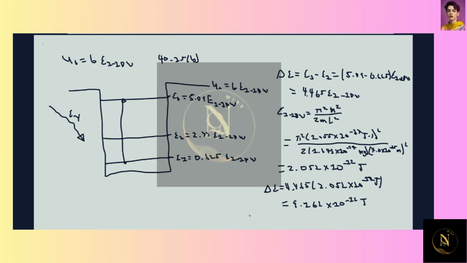Now we want to know the wavelength of a photon that corresponds to this energy. The energy of a photon is equal to hc over lambda, the wavelength of the photon.